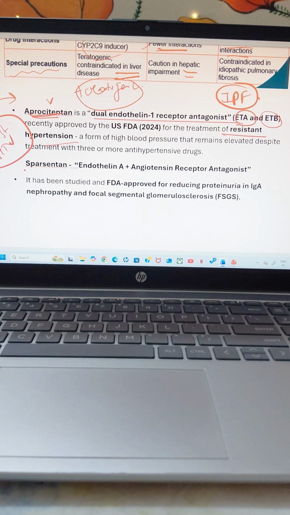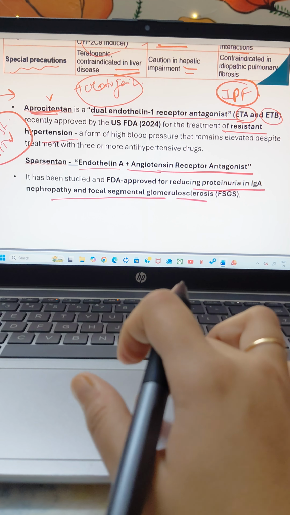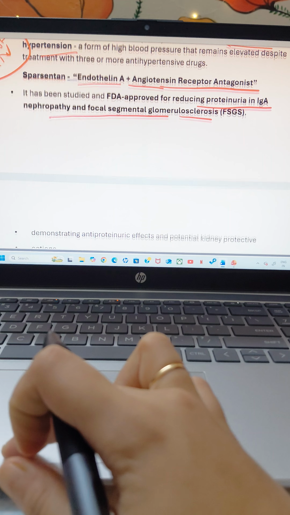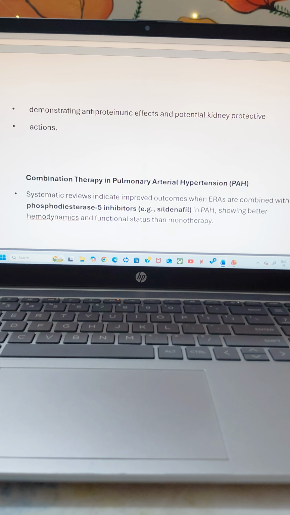Next drug we have is Sparsentan, which is an endothelin A plus angiotensin receptor antagonist, and this is used for reducing proteinuria in IgA nephropathy and focal segmental glomerulosclerosis. This is the new finding, demonstrating anti-proteinuric effect and potential kidney protective action.